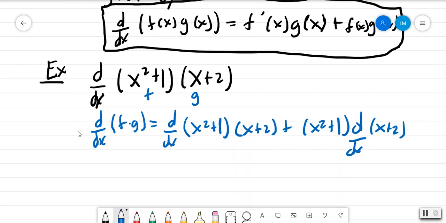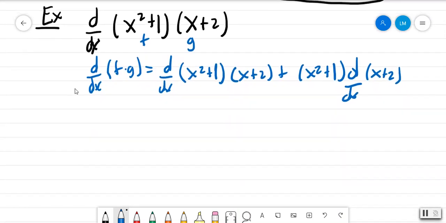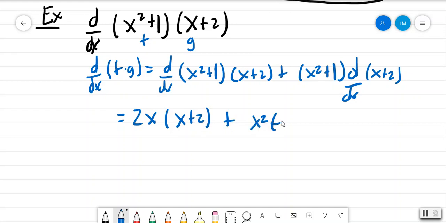Okay, so this is actually not bad because all that I need to do is simplify. So I have that that's going to be 2x multiplied by x plus 2, plus x squared plus 1, and then multiplied by 1.